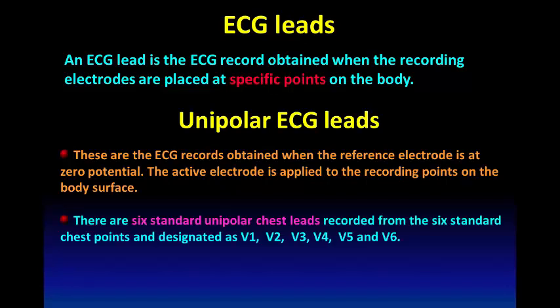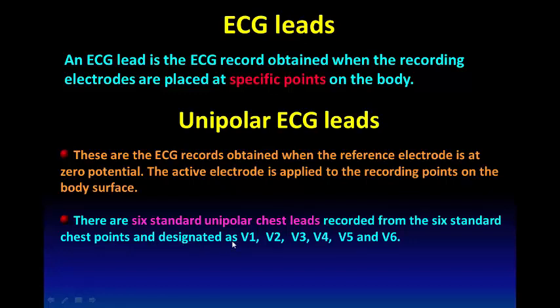As I've just mentioned, we can have 9 unipolar ECG leads. 6 of these 9 unipolar ECG leads are unipolar chest leads, which are recorded from the 6 standard chest points, and they are designated as leads.